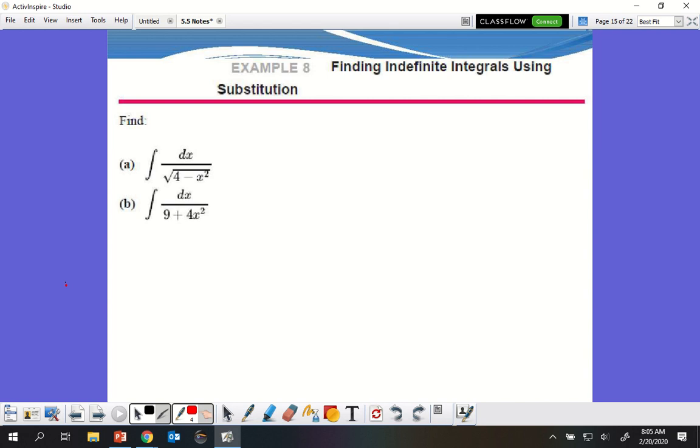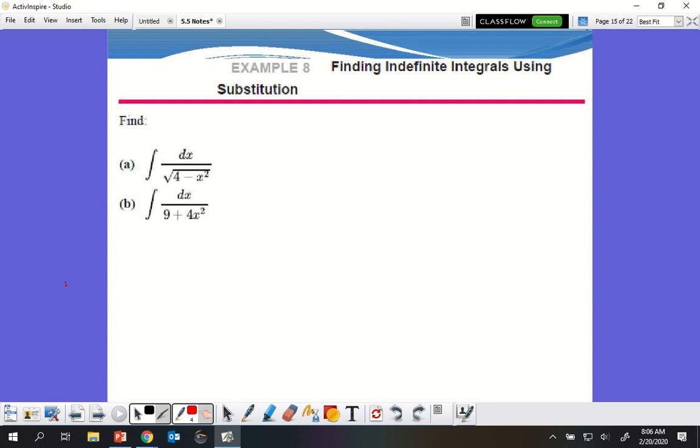We're actually creating it and making it fit what I want it to fit. So, I'm going to change it up a little bit. I know that with arc sine, on the bottom it should be the square root of 1 minus x squared, right? Good. So, that's what I'm going to try and make it into.